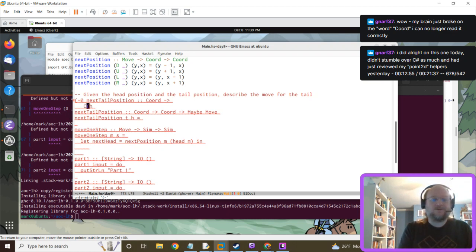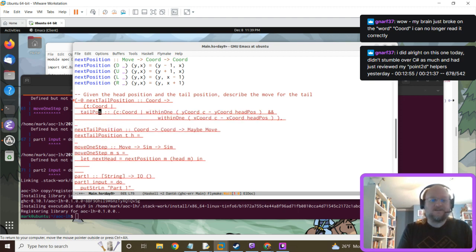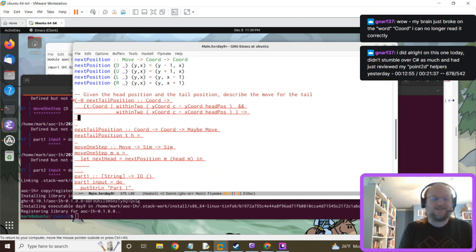All right, so tail is a coordinate, and it used to be within 1, now it's within 2, which will hopefully prove for us automatically without further assistance on our part.